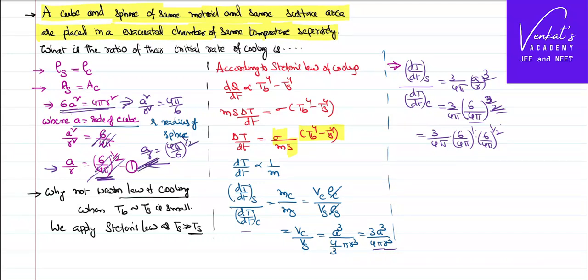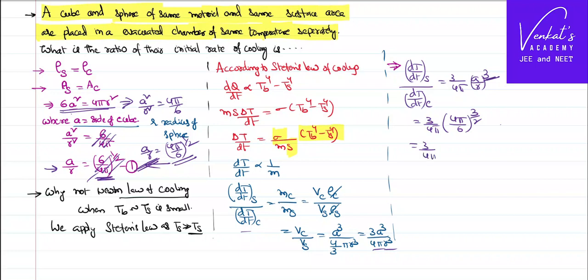So in the place of a by r, I can rewrite the data: 3 by 4 pi, and in place of a by r, I write 4 pi by 6 whole power of half, and cube is also there. Now you can write that power of 3 by 2 as 4 pi by 6 power of 1 times 4 pi by 6 power of 1 by 2.